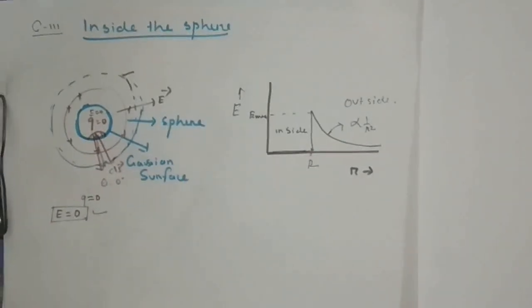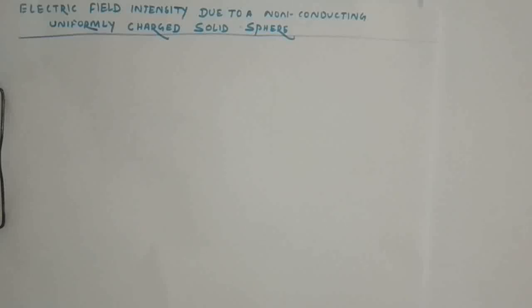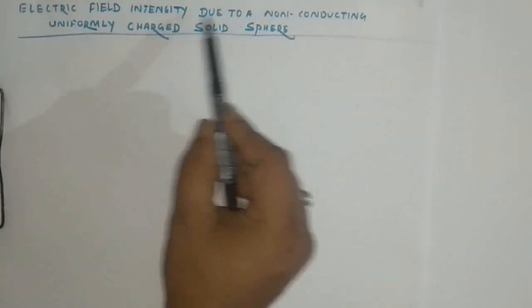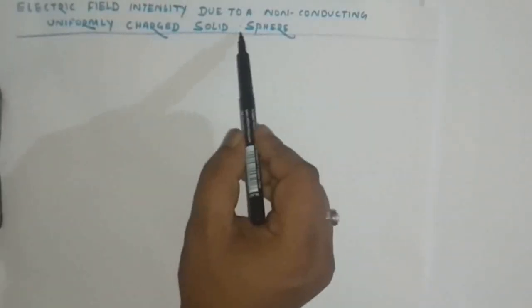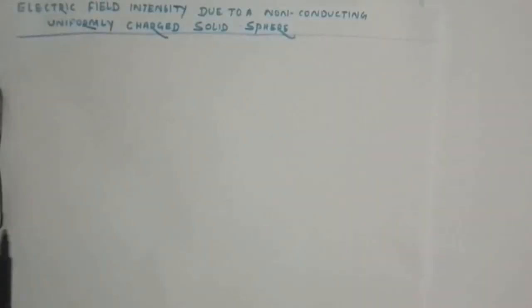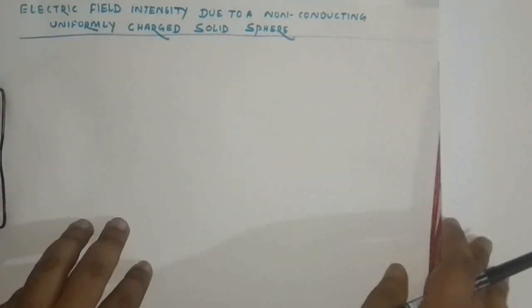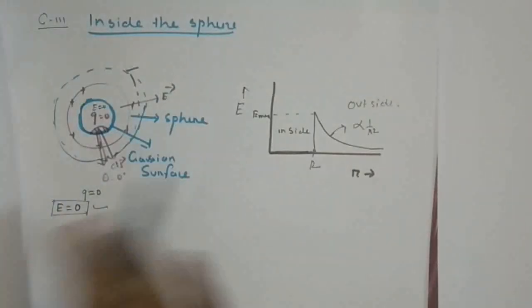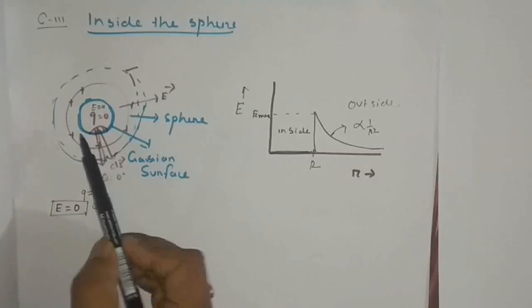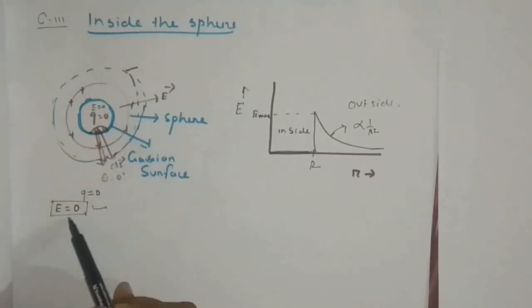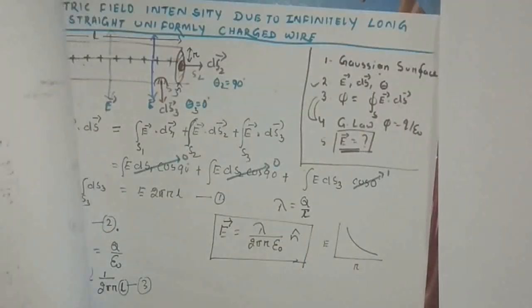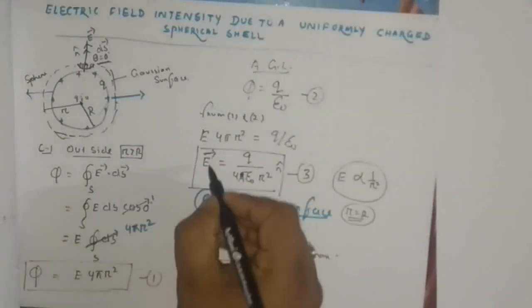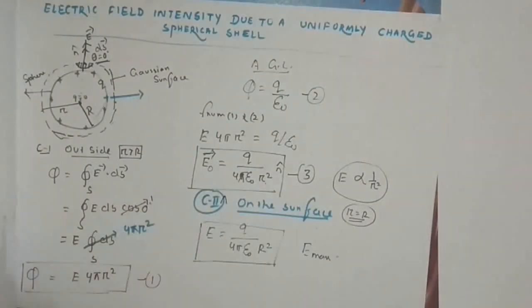Welcome students. Now we will cover electric field intensity due to a non-conducting charged solid sphere. Remember, last class we covered the shell. Inside, charge was 0, so electric field inside was 0. But for outside, it was inversely proportional.